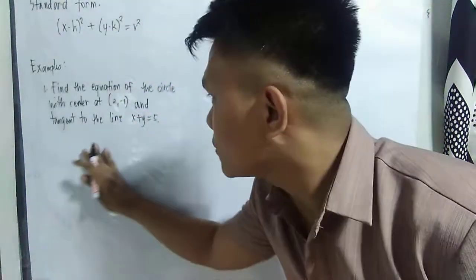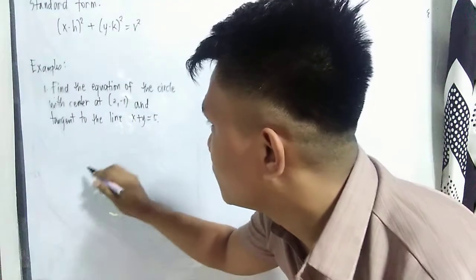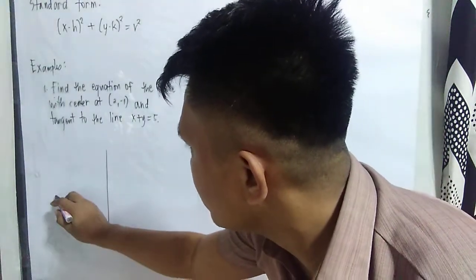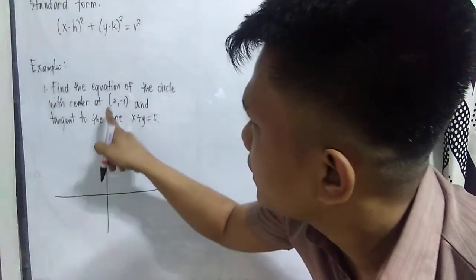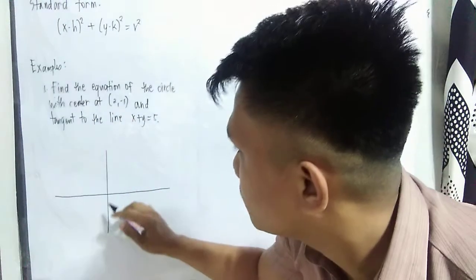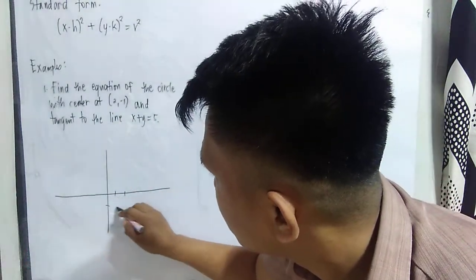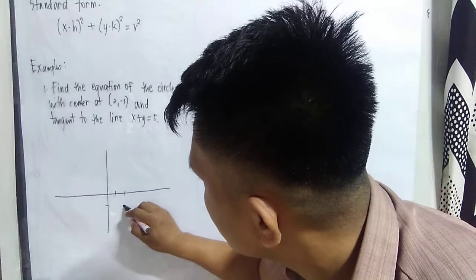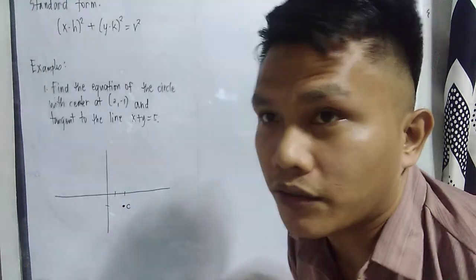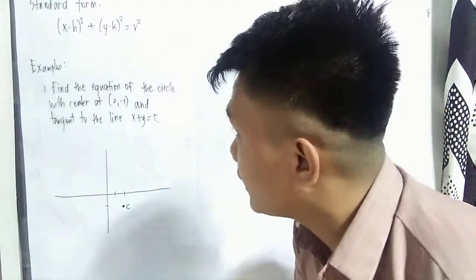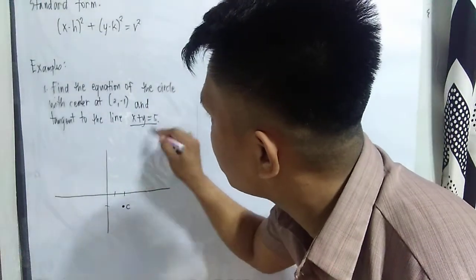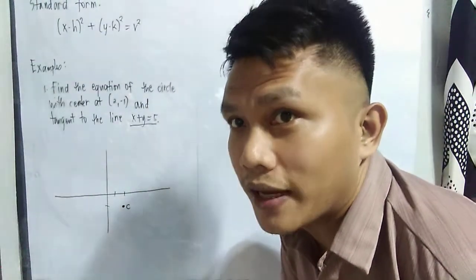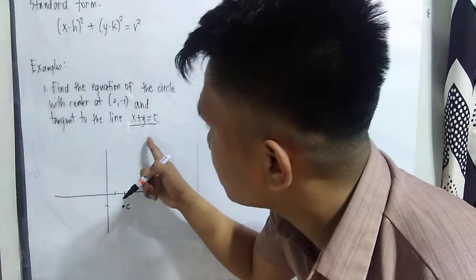In the illustration of this problem, we have the center at (2, -1). So this is our center. The next thing that you have to do is to graph x plus y equals 5. How are you going to graph this?